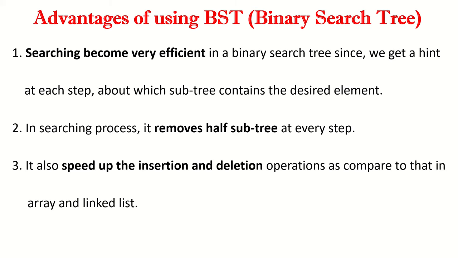So in the searching process, it removes half of the subtrees at every step. Also, when you try to insert or delete an element or a new node, the comparisons are made and it speeds up the insertion and deletion process as compared with arrays and linked lists.